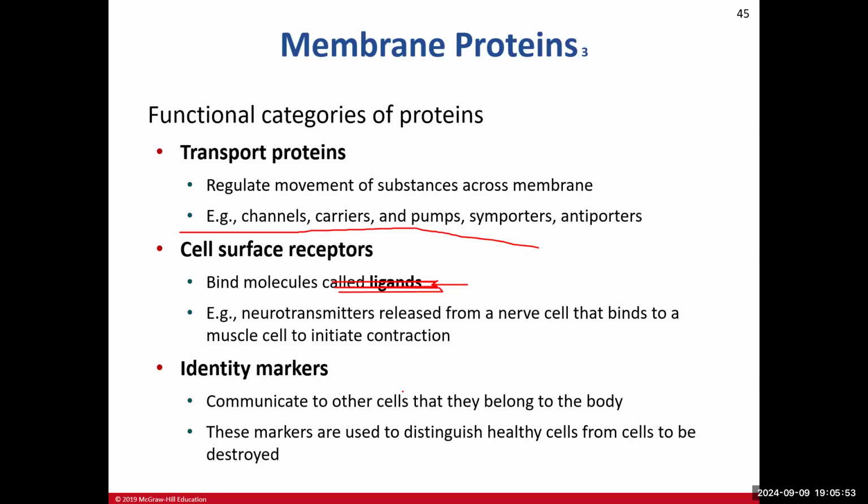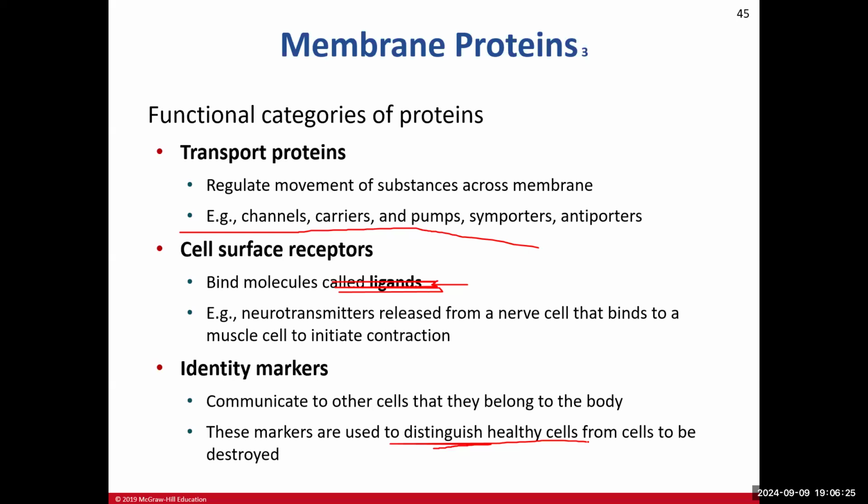All right. Identity markers. This goes back to what I was just mentioning to you before about our maintenance of healthy cells versus unhealthy or pathogenic cells. These identity markers allow our white blood cells to know if a cell is what we call self, one of our own cells, or if it's a non-self cell, like a virus, a bacteria, or a cancerous cell.